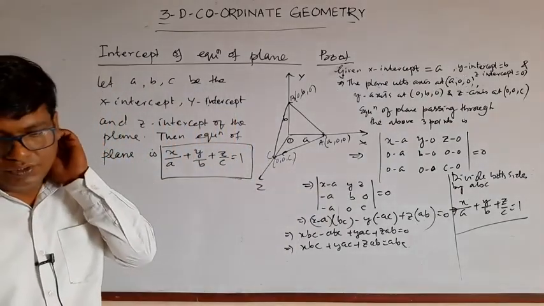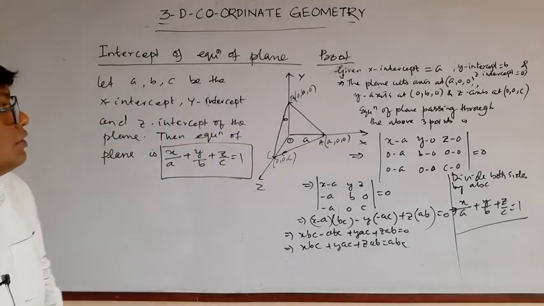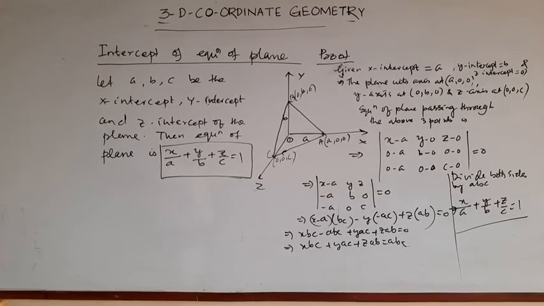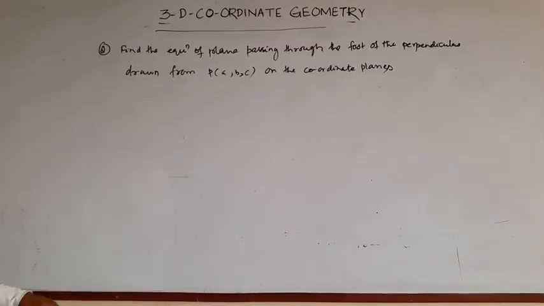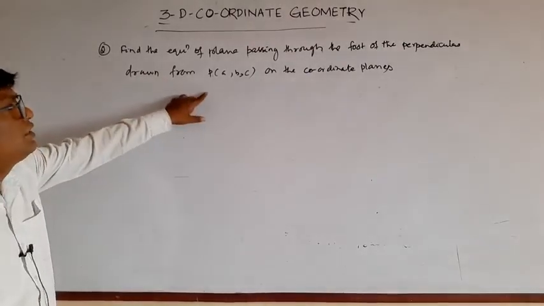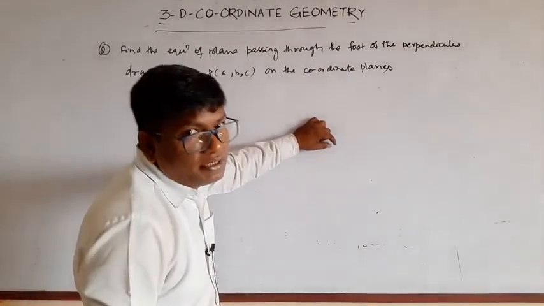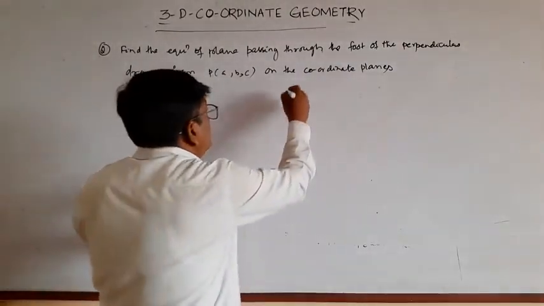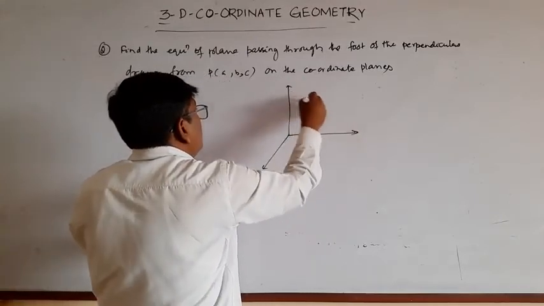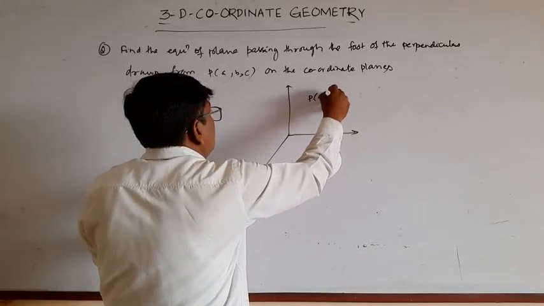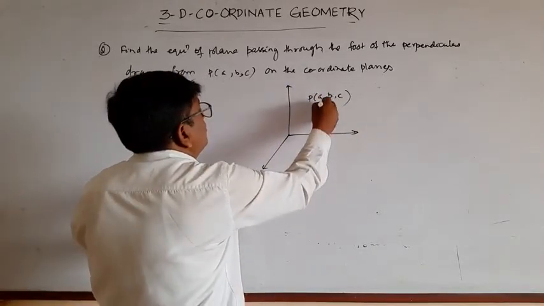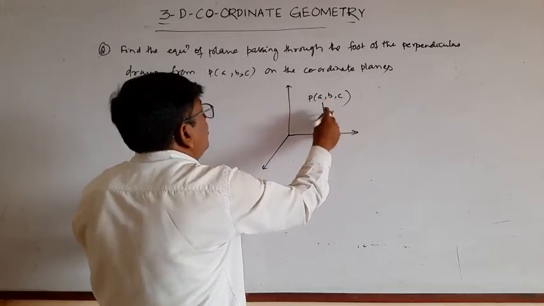Now, some questions related to this form. Find the equation of the plane passing through the feet of the perpendiculars drawn from the point P(a, b, c) on the coordinate planes. Suppose this is the coordinate system and the point P is in space.